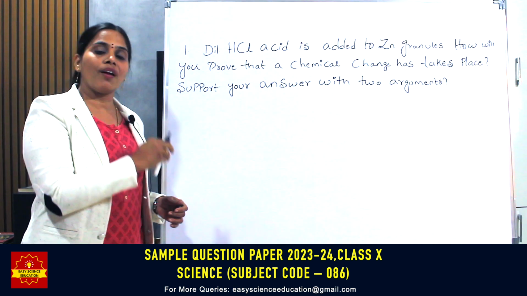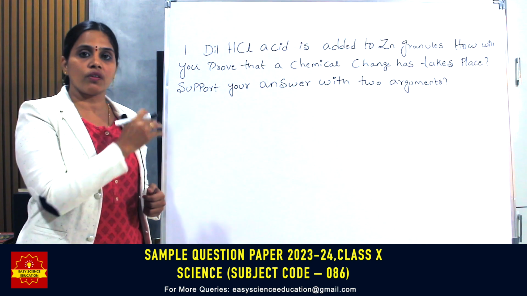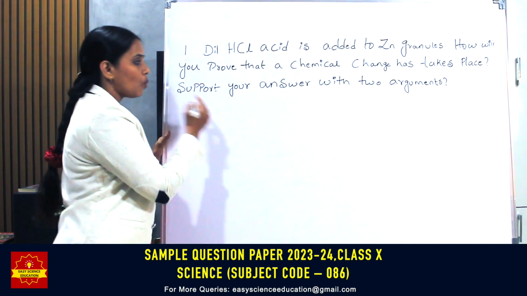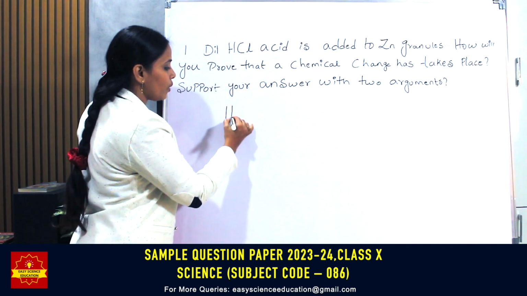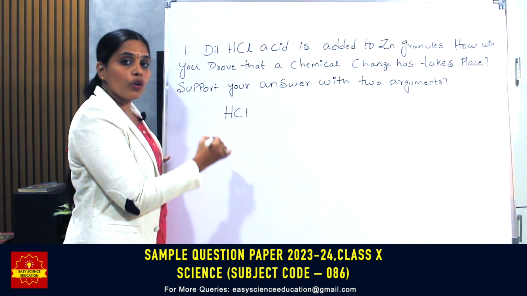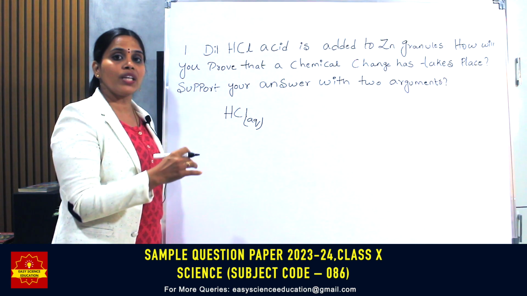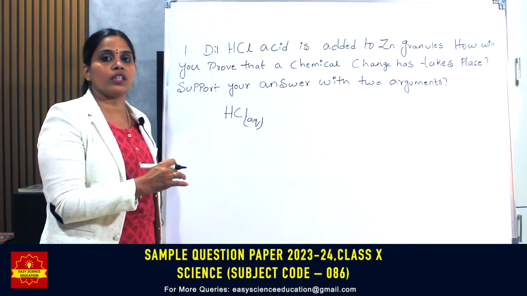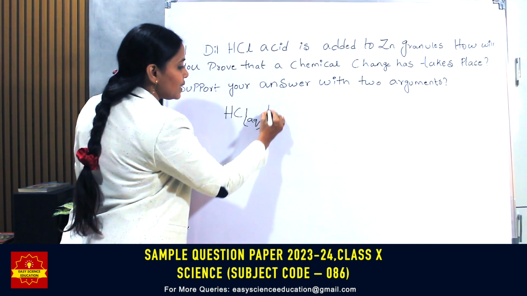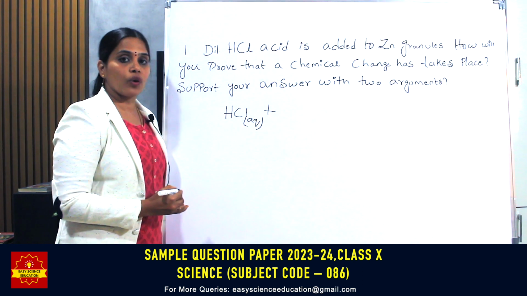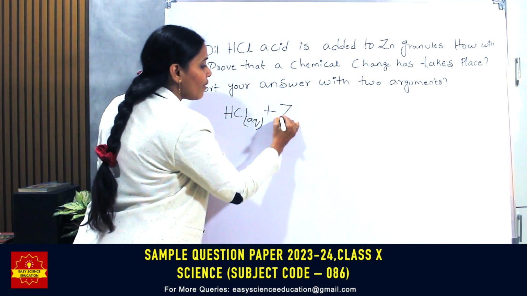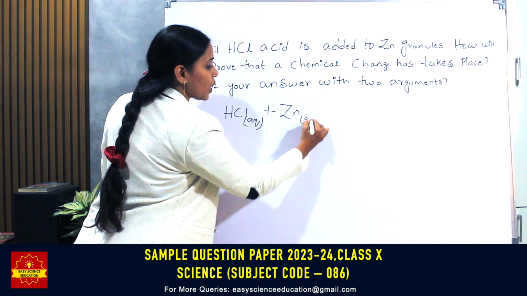So first of all, we'll write the chemical equation for this reaction. Here we have taken hydrochloric acid, aqueous, because acids show their properties only when they dissolve in water. To this dilute hydrochloric acid, we have added zinc granules, which are solid.